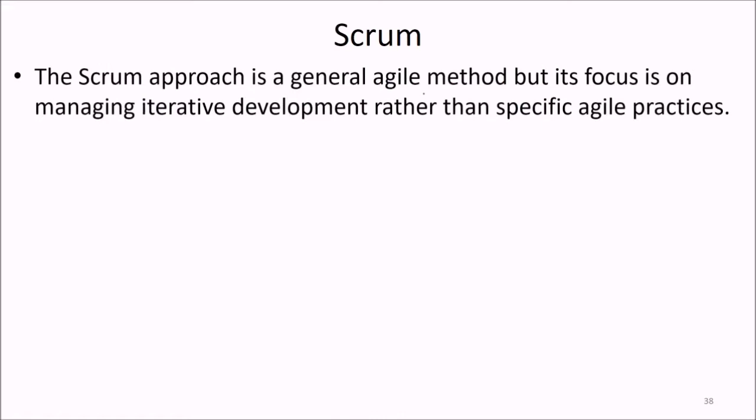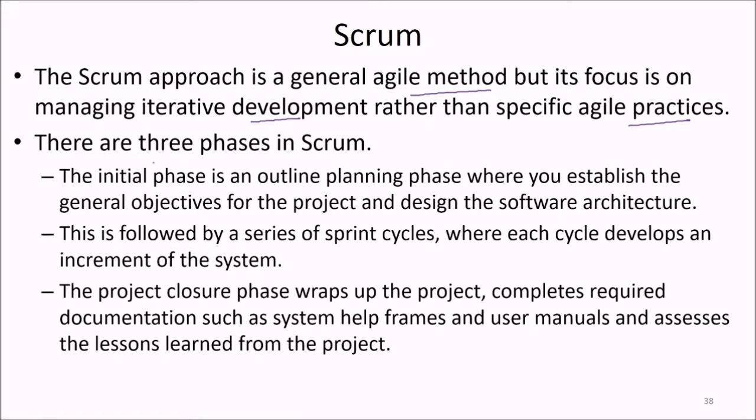A Scrum approach is again a general agile method, but now it focuses on managing iterative development rather than specific agile practices. So there are three phases in Scrum. The initial phase is an outline planning phase where you establish the general objective of the project and then design the software architecture, the initial step.